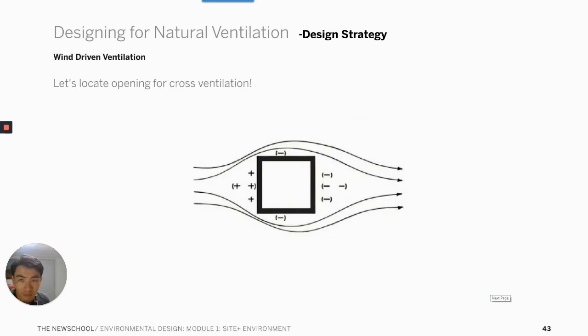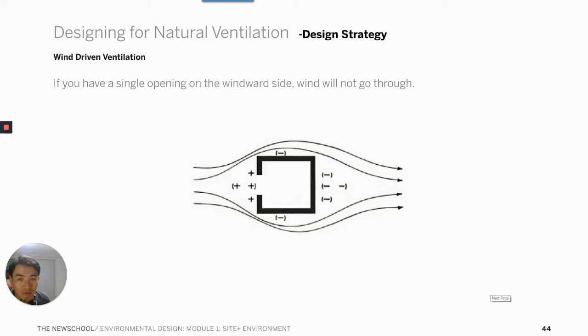So now let's look at a plan. Let's imagine wind is coming from left to right, and let's start to locate an opening. If you have a single opening, do you think the wind will go in? Theoretically, no, because we don't have any difference in pressure coefficient.